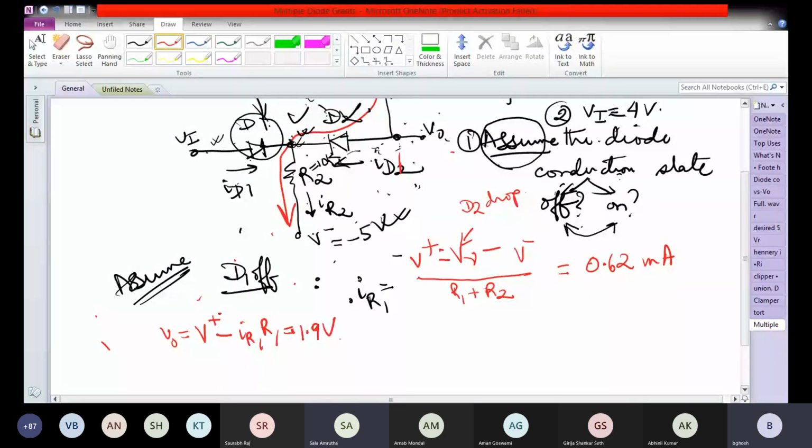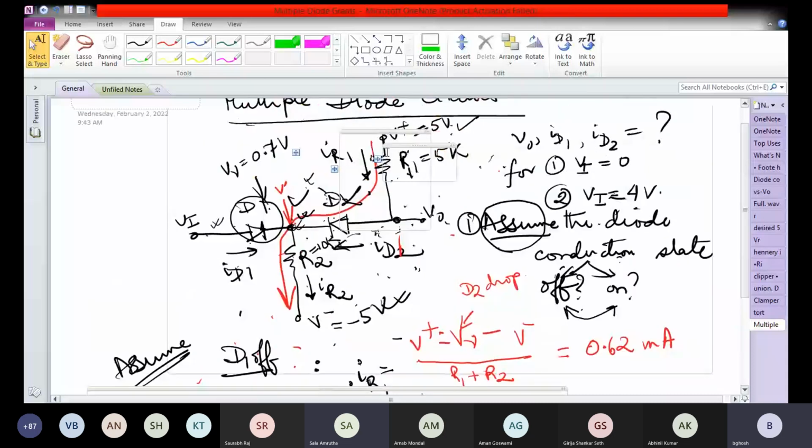And therefore the voltage at this point, which is called V dashed, is given by V0 minus V gamma, because diode D2 is on. There is actually no big reason why diode D2 should not be on, because the P side is connected to plus 5 volt and the negative side is connected to minus 5 volt.